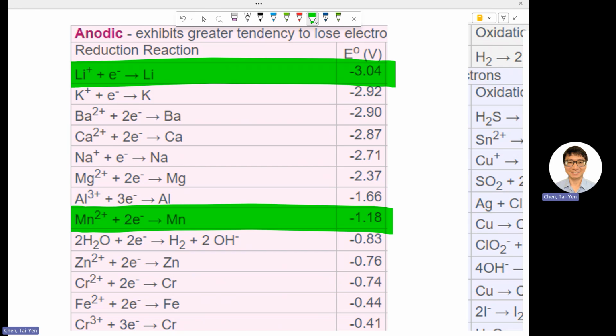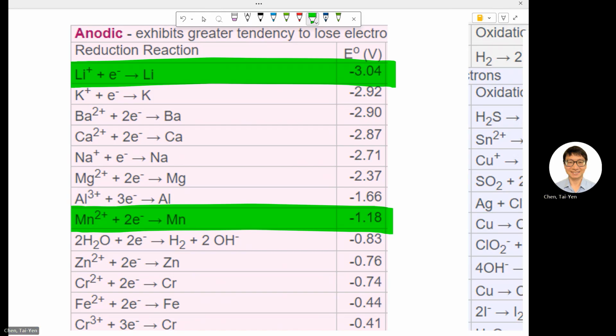It's going to produce what? Manganese metal. And it requires how many volts? It requires 1.18 volts to do your electrolysis. So everybody fine with what I just said? Okay. Next question.